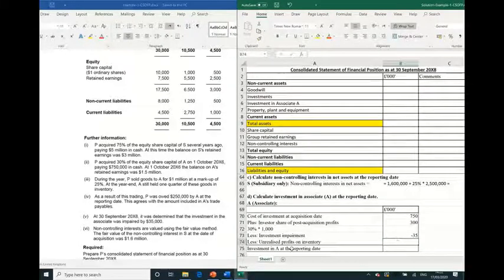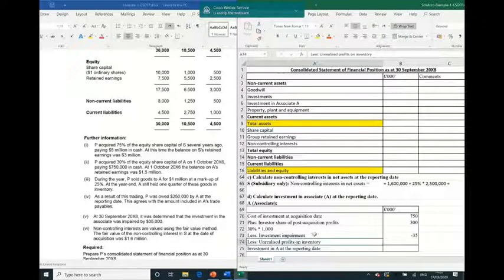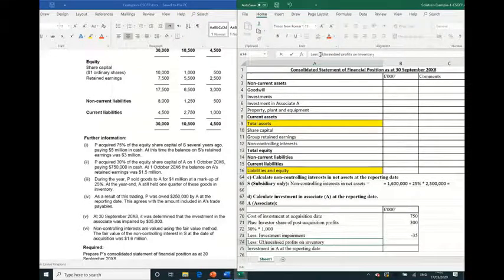And also less the group share of unrealized profit on inventory. This is also calculated when we work out the group retained earning, which is minus 15.